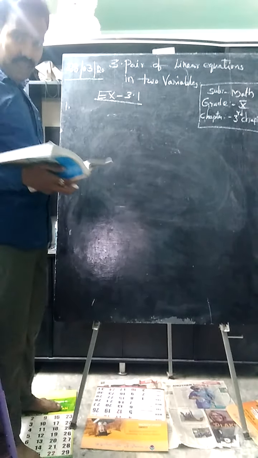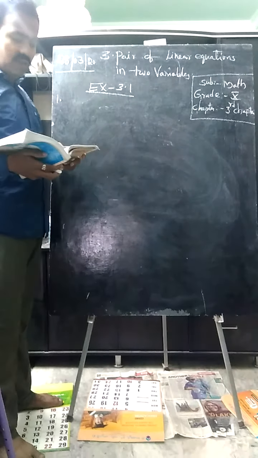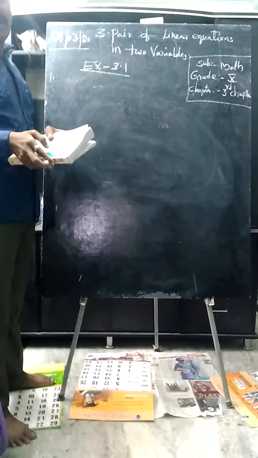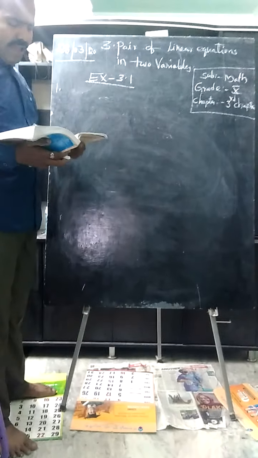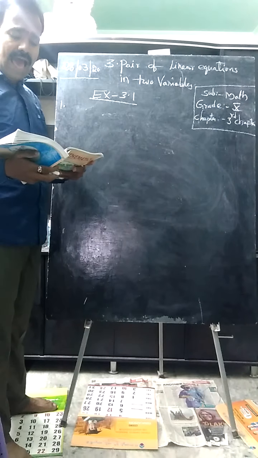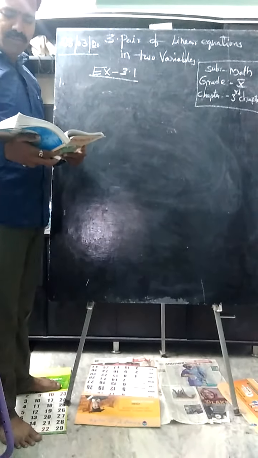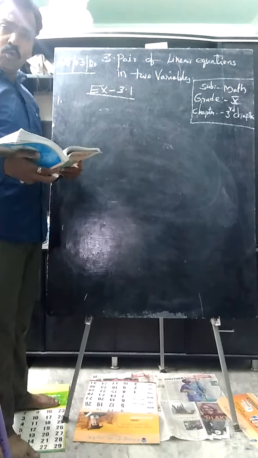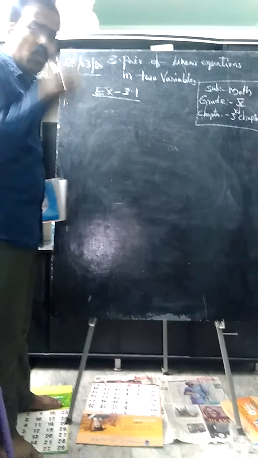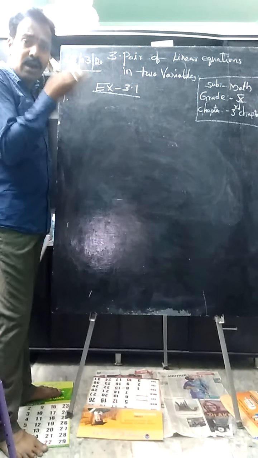First we will show it algebraically. Graphically we will learn in the next exercise. Aftab tells his daughter, 7 years ago. What's the meaning of ago? Before. I was 7 times as old as you were then, at that time. And also 3 years from now, after 3 years, I shall be 3 times as old as you will be. So we have to represent this. Actually, we don't know the present age of Aftab or his daughter.